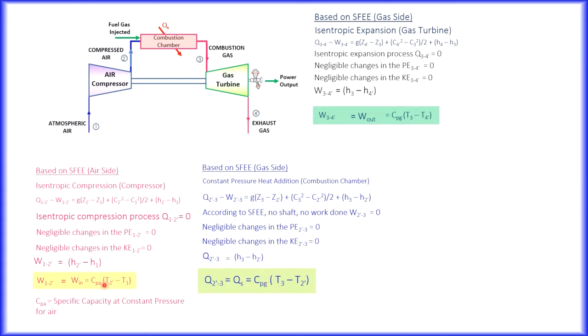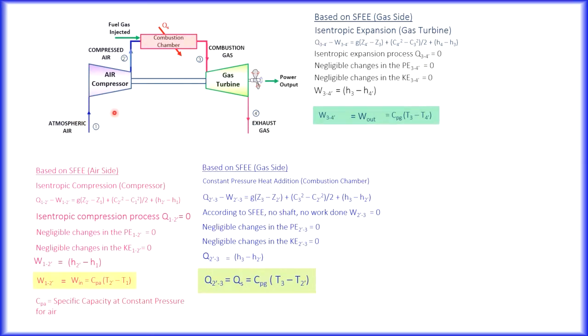CPG has a different value from CPA. So please take note. If you are referring to an open unit versus a closed unit: for a closed unit, you don't have a difference between CPA and CPG. You have CPA the same throughout the whole process.